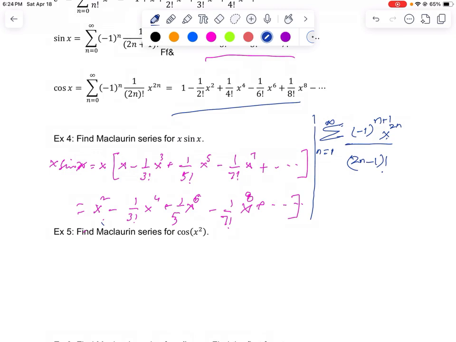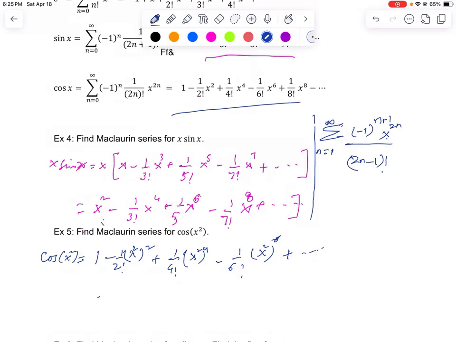So cosine x squared will be equal to 1 minus 1 over 2 factorial into x squared whole squared, plus 1 over 4 factorial x squared whole to the 4, then minus 1 over 6 factorial x squared whole raised to the power 6, and plus so on.